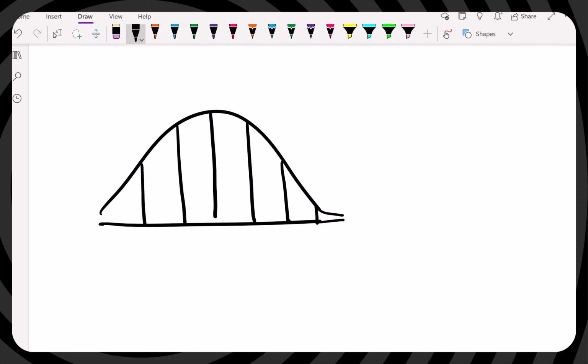Just try really hard to make them even, and make sure that you have tails past that 3rd line, okay? Now, the mean is in the middle, and that number is going to change depending on what your mean is. This is 1 standard deviation above, 2 and 3. This is 1 less, 2 less, and 3 standard deviations less than the mean, okay?